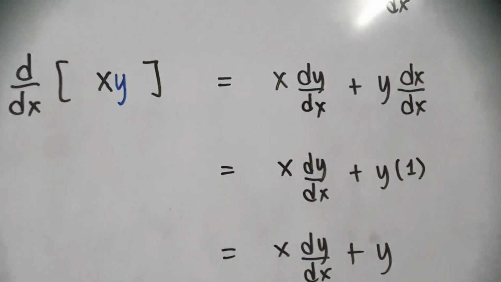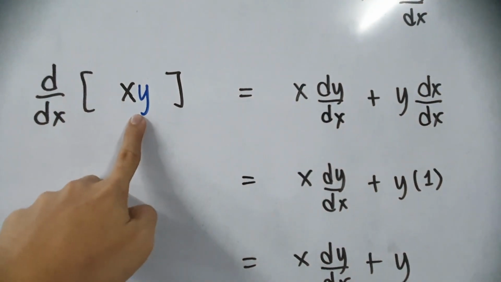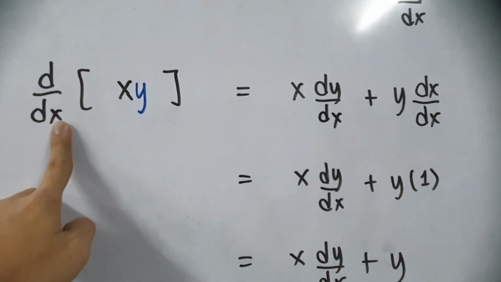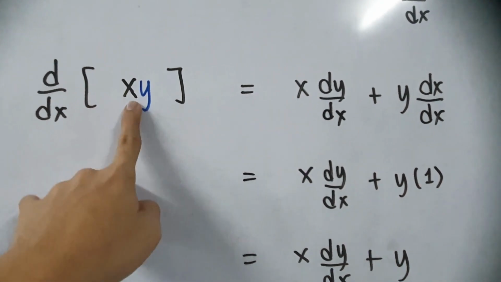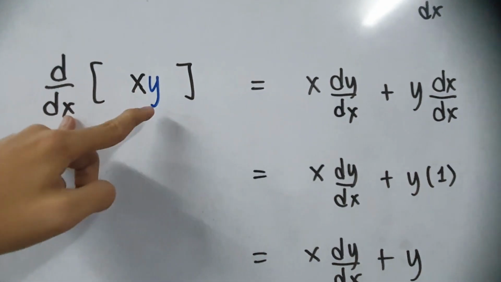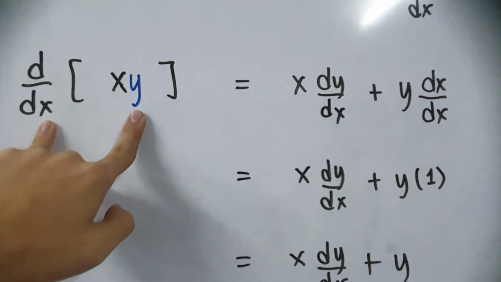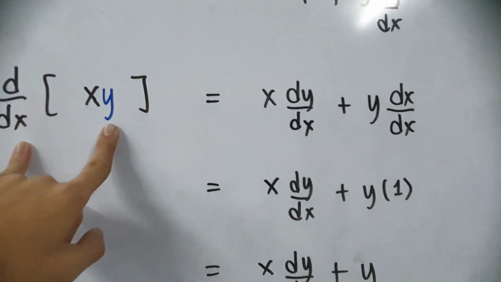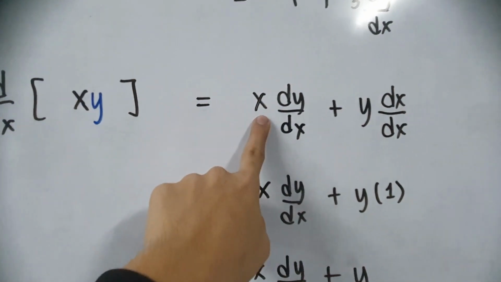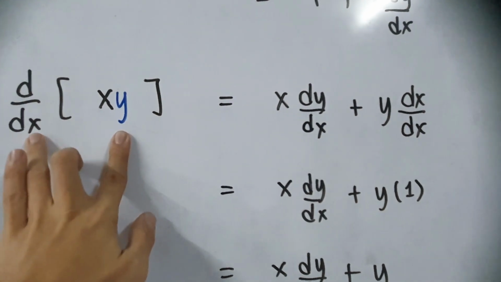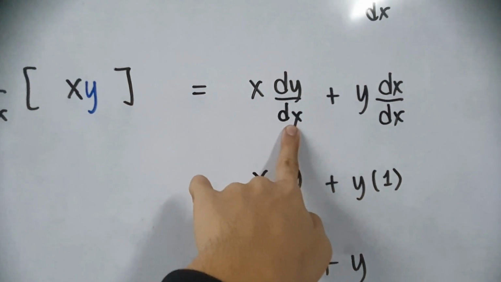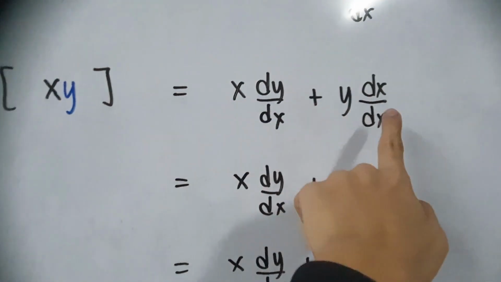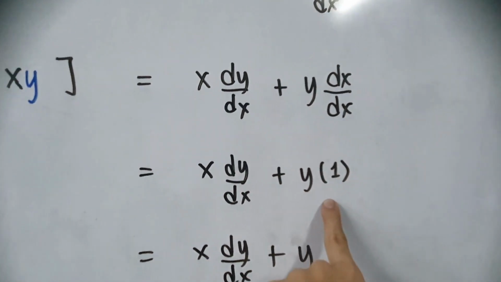Now if we have this one, x times y, that is clearly a product rule with respect to x. Meaning this x is agreeing, and this y is not agreeing. So if we're going to apply the product rule, we come up with this process: copy x, derivative of y with respect to x, that is why we have dy over dx, plus copy y, the derivative of x with respect to x is dx over dx, or equivalent to 1.